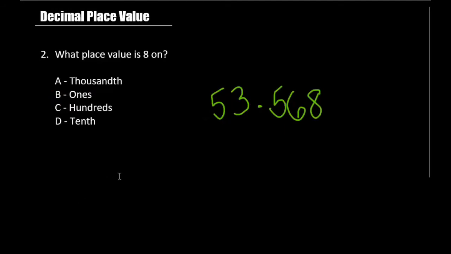Our second question is, what place value is 8 on? So again, we're just going to underline each number and write letters to represent the place values. The 5 is the tens place. The 3 is the ones place. Cross off the decimal point. The 5 is the tenths place with a TH.